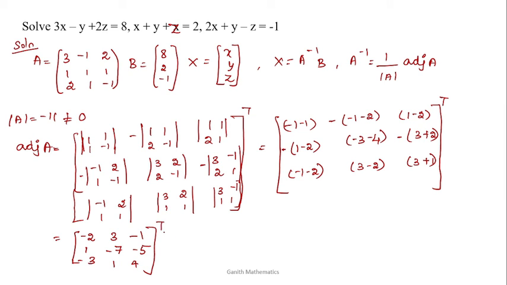I have to find the transpose of this. So this will be minus 2, 1, minus 3, 3 minus 7, 1, minus 1 minus 5, 4. This is the adjoint of the matrix. Okay, and there is also a negative, so it will be minus. Right. So next I am going to find A inverse.